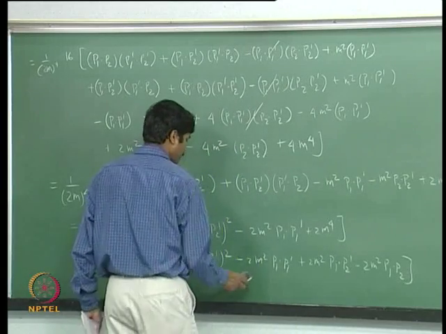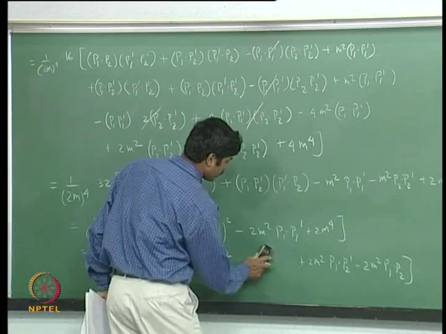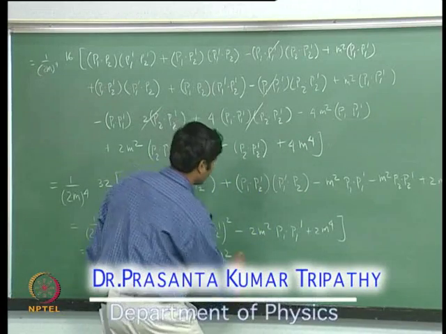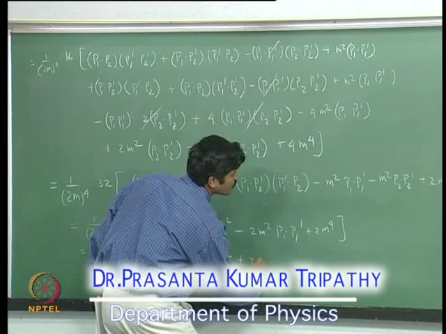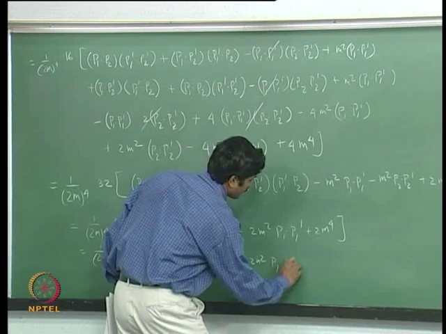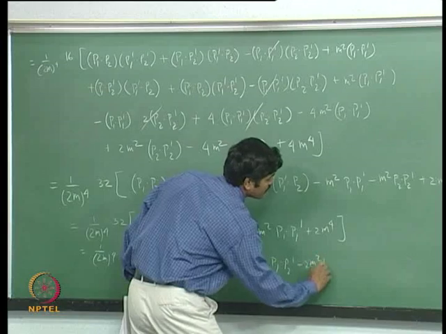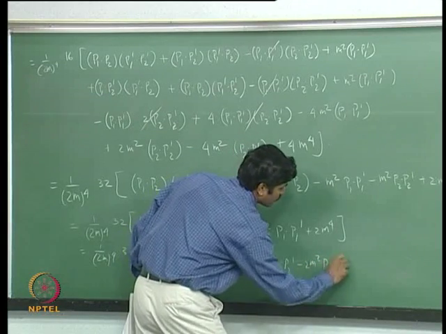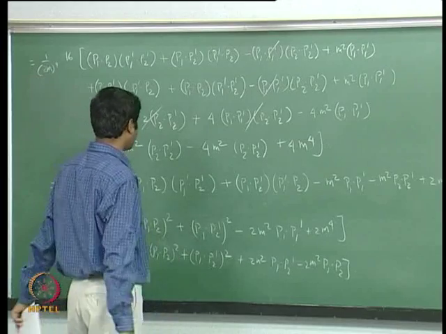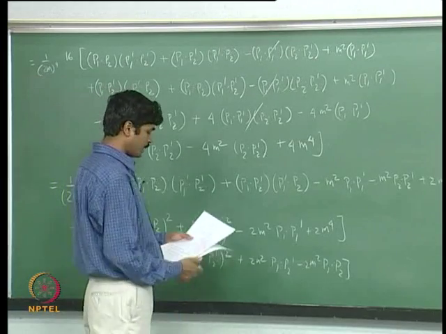Okay, so that's the problem. So plus twice m square P1 dot P2 prime minus twice m square P1 dot P2. That's all I get for the first term in the trace.